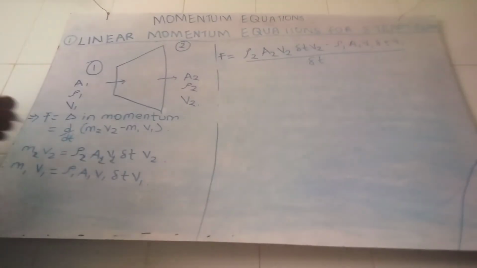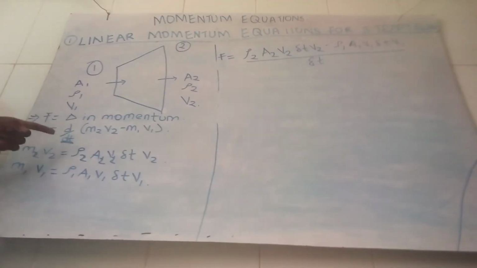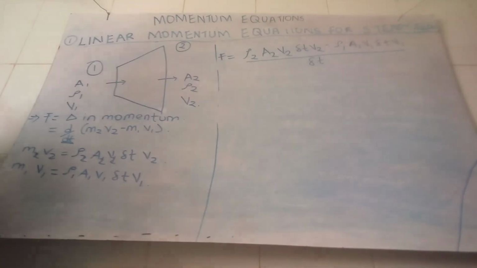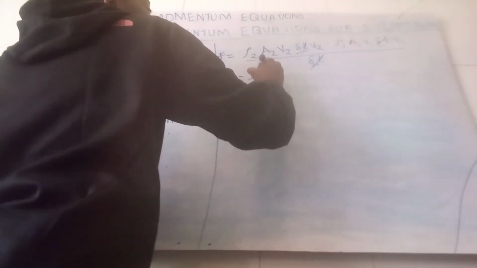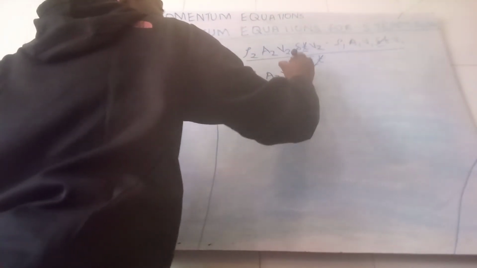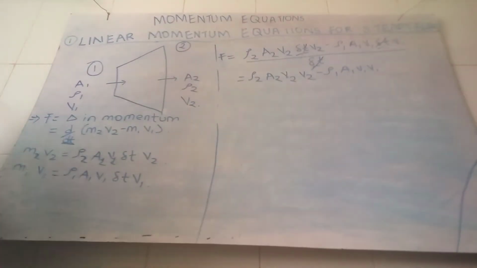This differential t comes from the d over dt. The differential t cancels out, and I'm left with rho 2 a2 v2 v2 minus rho 1 a1 v1 v1.